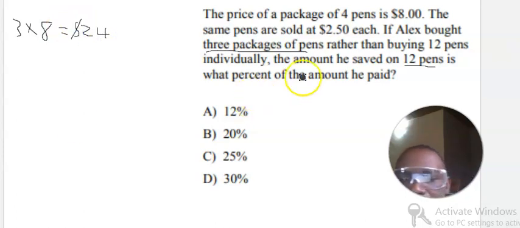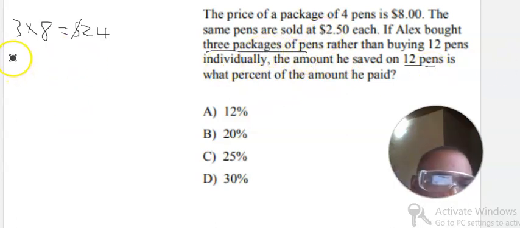Now, assuming that he bought the pens individually at $2.5 each, these 12 pens would have cost him 2.5 times 12, which gives us $30.